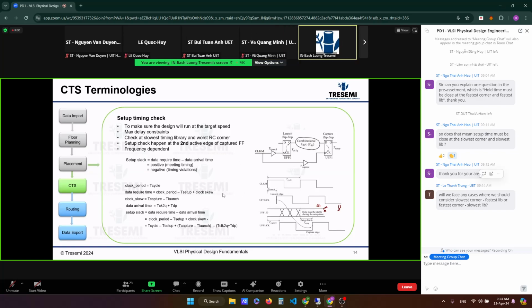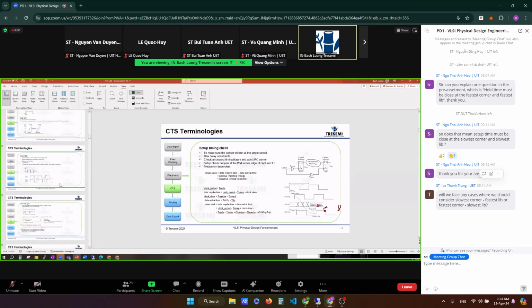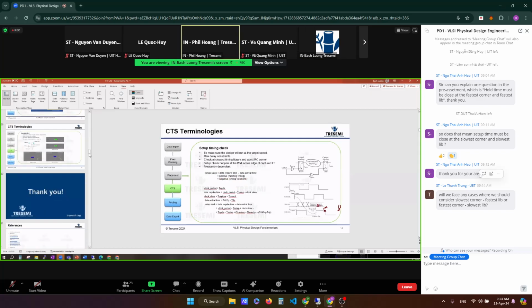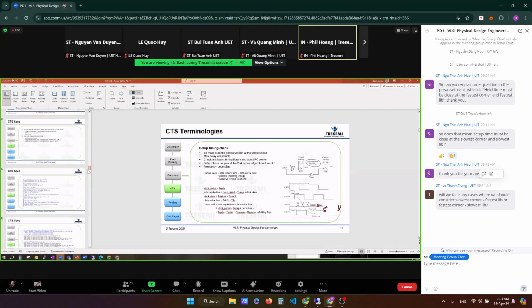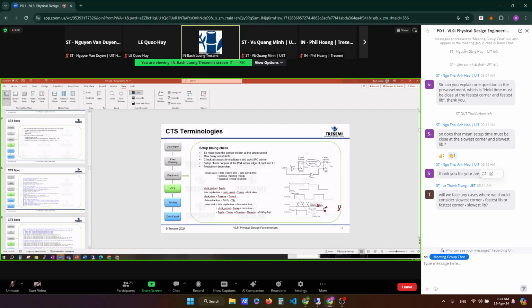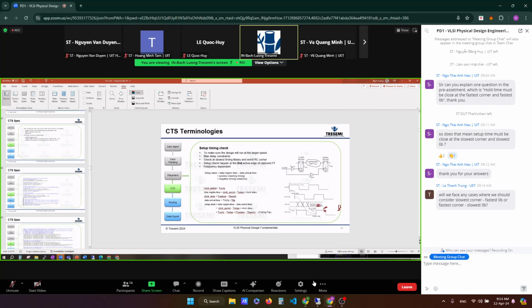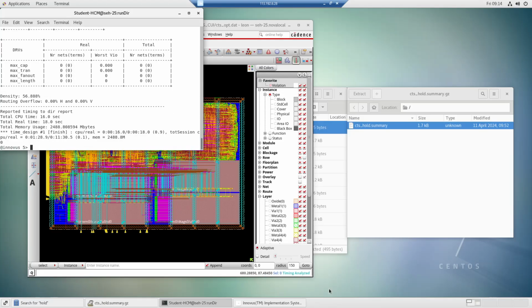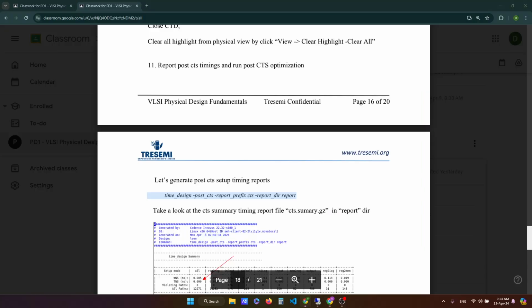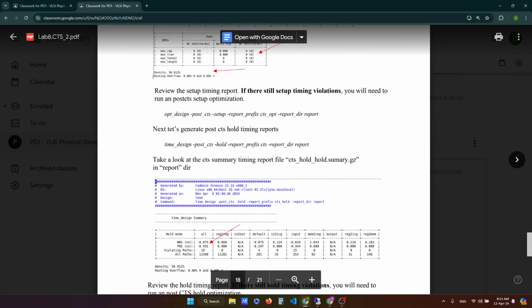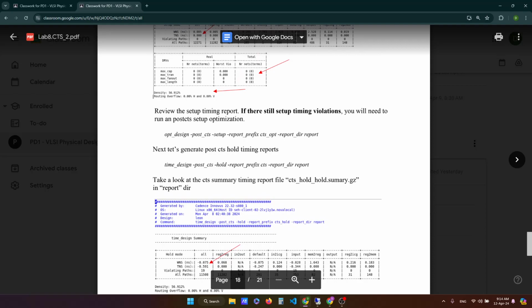Okay, so let me get out of this one. There's another one you want to read and respond to. Ladies and gentlemen, will we face any cases where we should consider the slowest corner, fastest lib, or fastest corner, slowest lib?